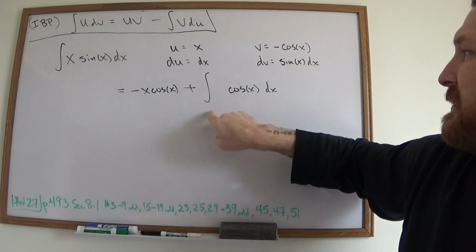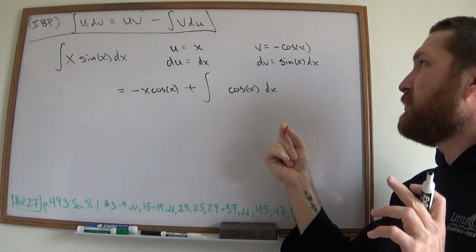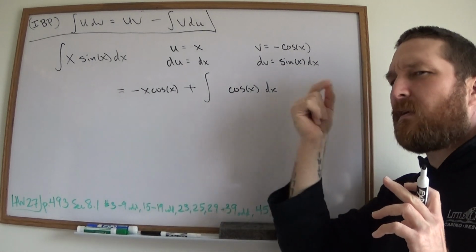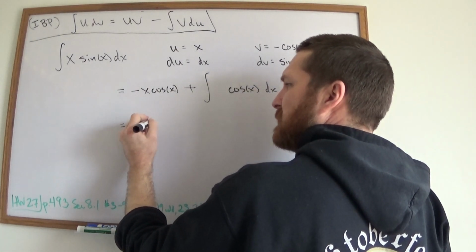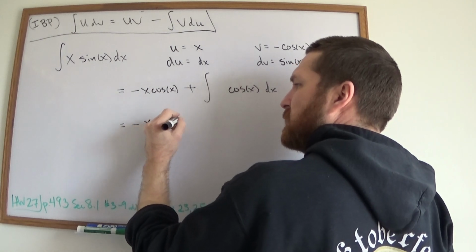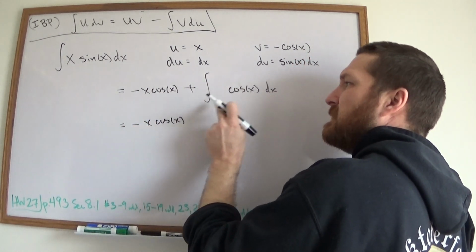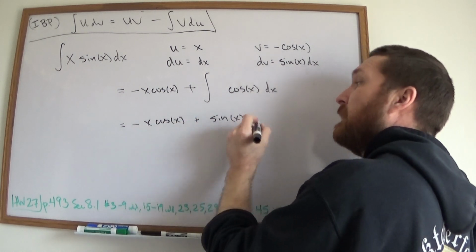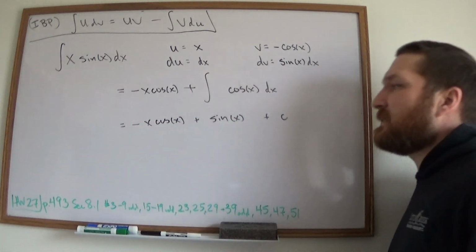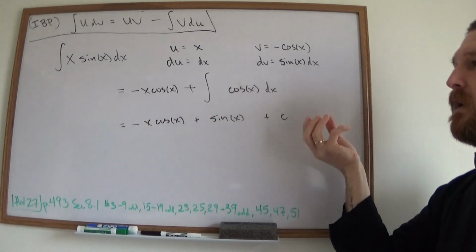Now we could just say the integral of cosine should be positive sine, I think, right? So minus x cosine x plus sine x plus a constant. That's where we're going to end up absorbing all of the constants.